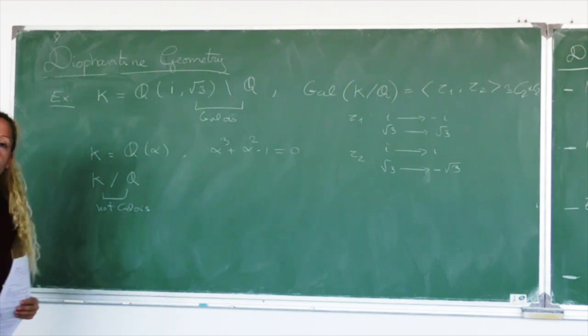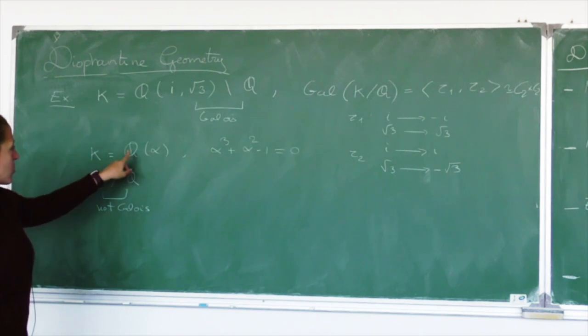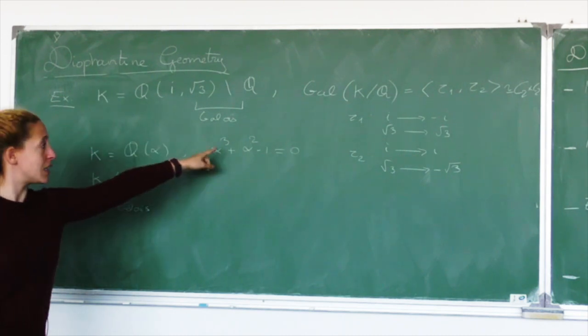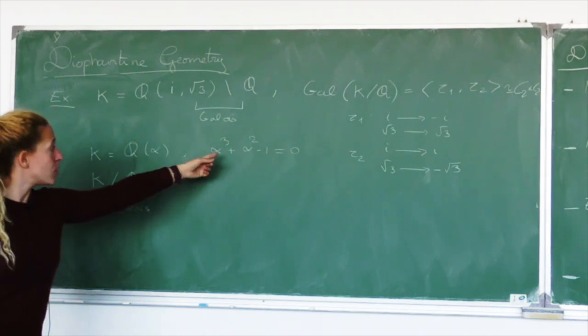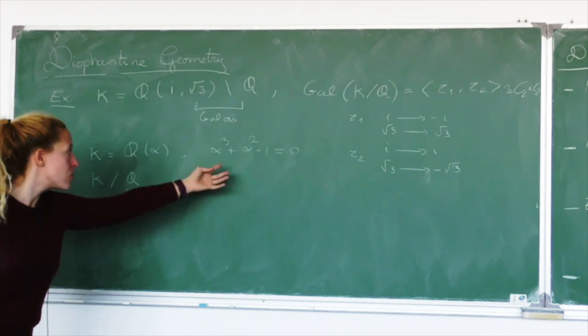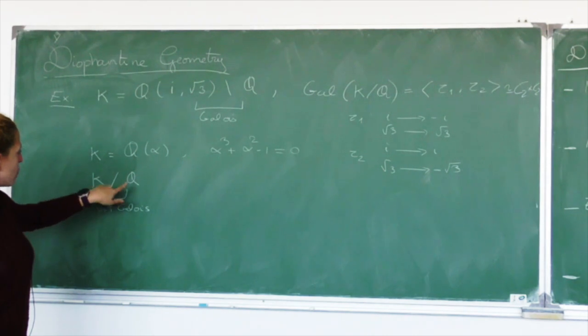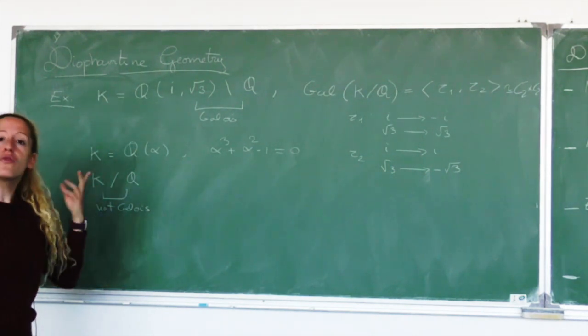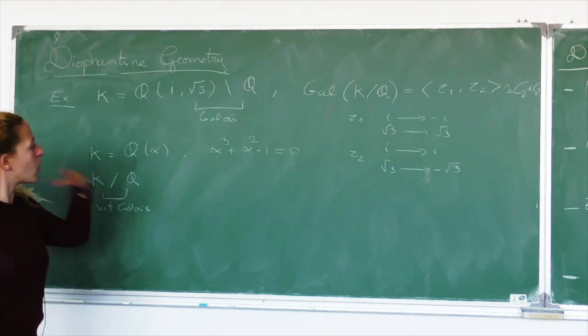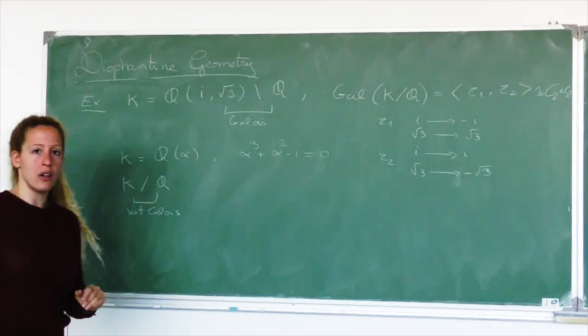It is a number field of degree 3, because it's generated by one element that is a root of an irreducible polynomial of degree 3. So this is an extension of degree 3, but it is not Galois. If you want it to be Galois, you have to add all the conjugates of alpha.